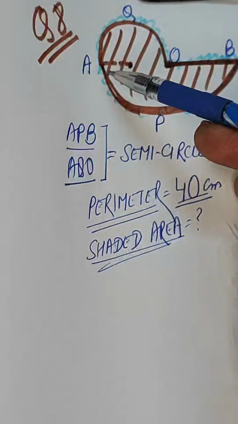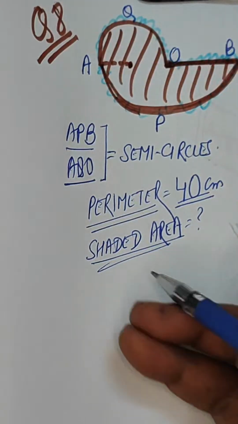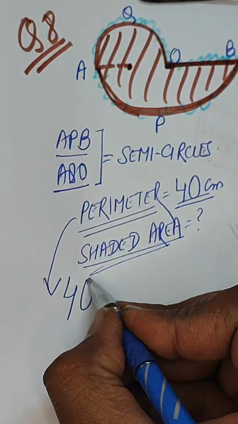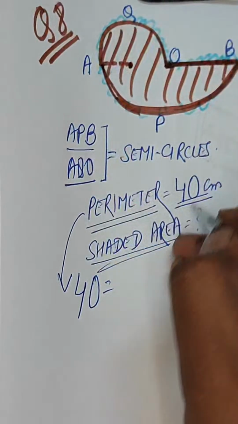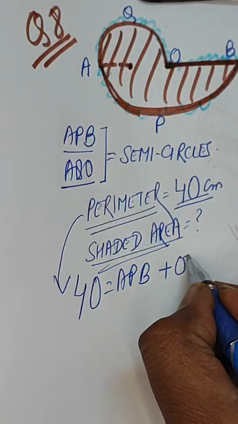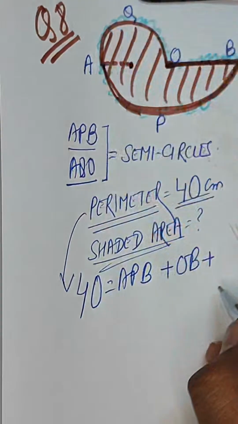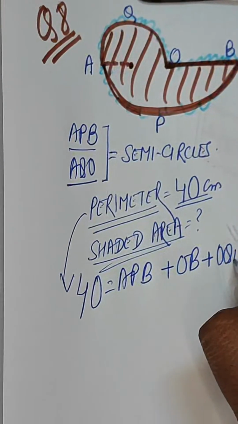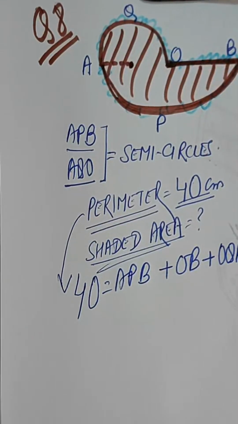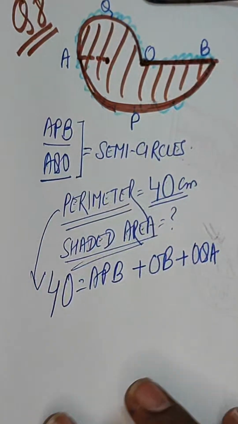Perimeter is the length of the outer boundary of the given geometrical figure. So if perimeter is 40, we can write that 40 is equal to APB plus OB plus OQA, right? That means these three lengths need to be calculated.